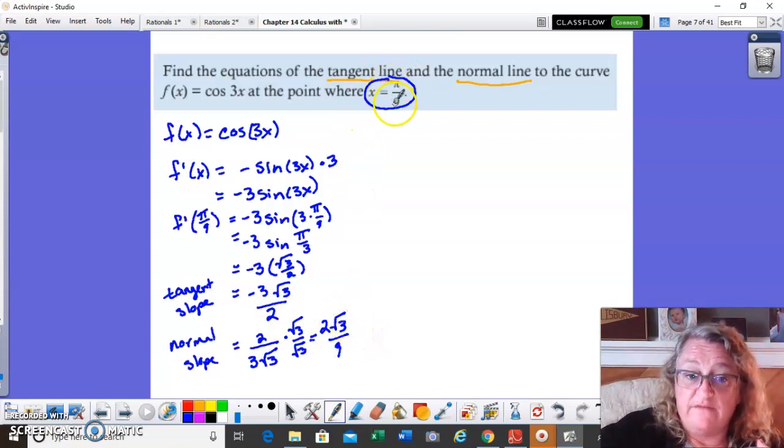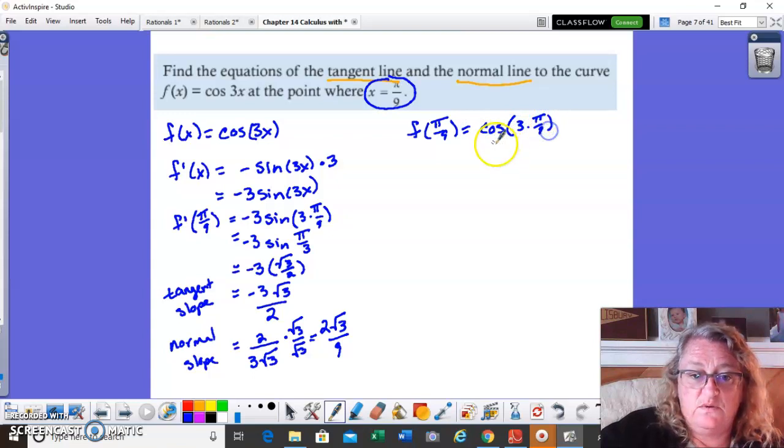So I need the y value that goes along with this point, so I'm going back to the original function for that. The original function at pi over 9 is going to be the cosine of 3 times pi over 9. So what I actually want is the cosine of pi over 3.